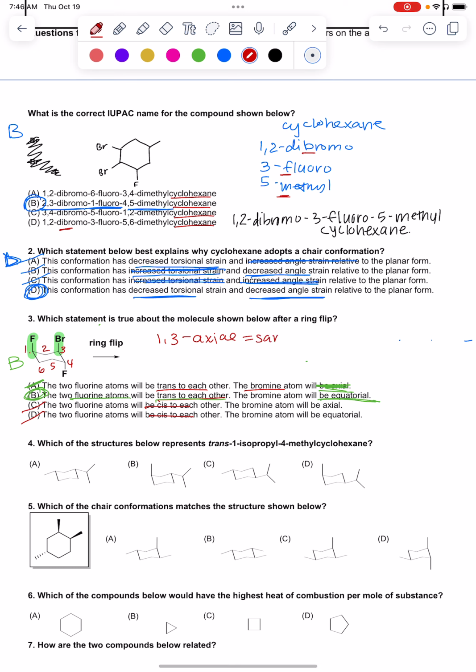That's the same. 1, 3, and 5 have the same thing. That must be cis. Then you can move over to this fluorine atom and say this is 3 and 4. 3 and 4, they're the same as well. They're both axial. Well, if they're the same and they're one even, one odd, then they must be trans.